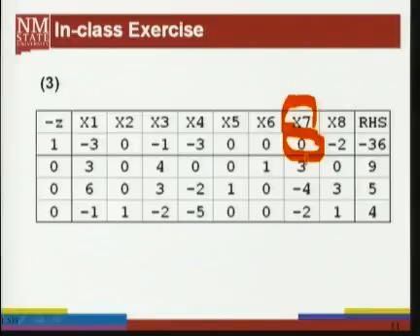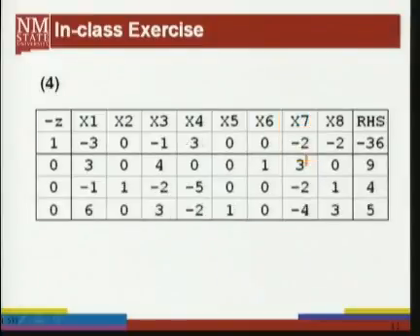So the answer is A, right? Optimal table with alternate optimum or multiple optimum or an infinite number of optimal solutions, right? Any questions so far? Okay, then let's consider number 4.